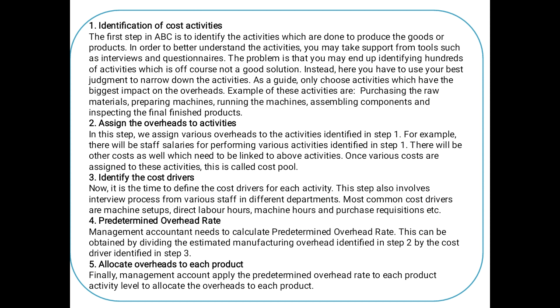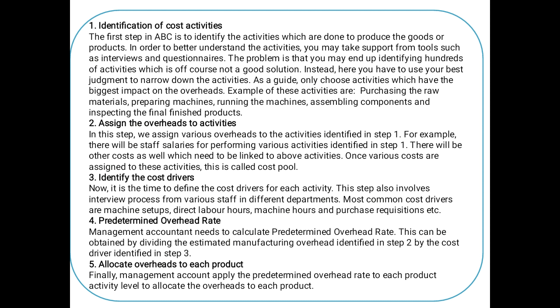Some examples are purchasing raw material, preparing machines, running the machines, assembling the components, and inspection of the final finished product. These are the most important activities that you can consider for assigning the overhead cost to a product or service.